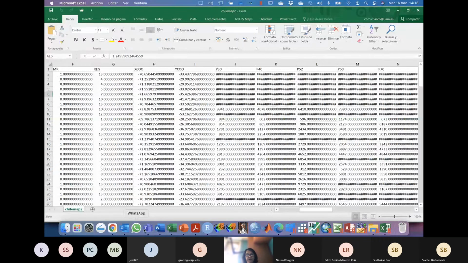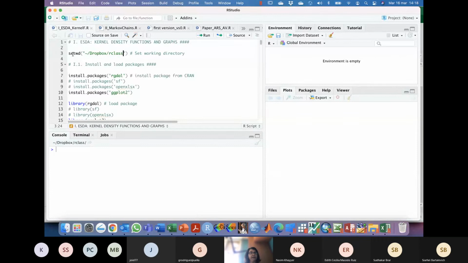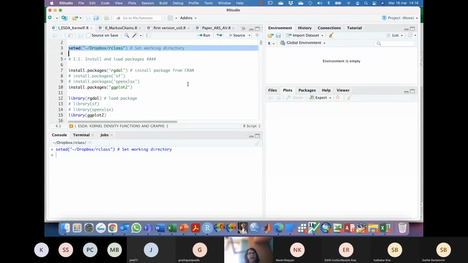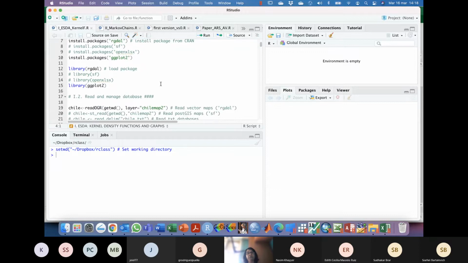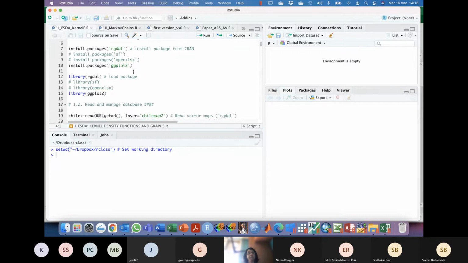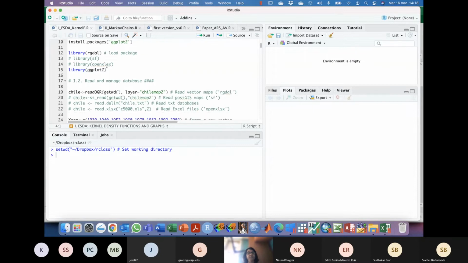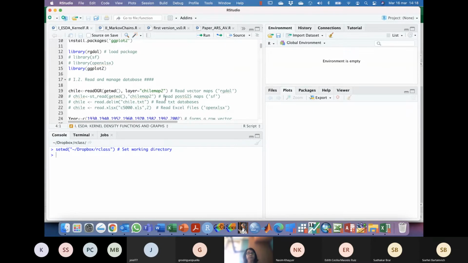If I come here, set the working directory and press run, I recommend you install these packages. The rgdal package allows us to read vector maps. I have silenced these others because I'm not going to use them, but if you want to read PostGIS maps, you will need the sf package.